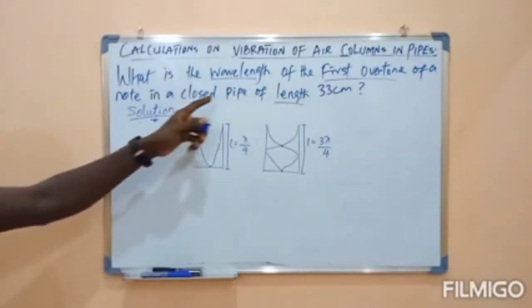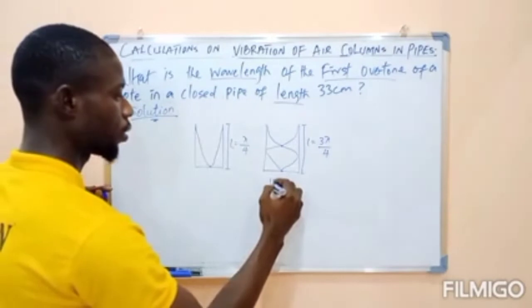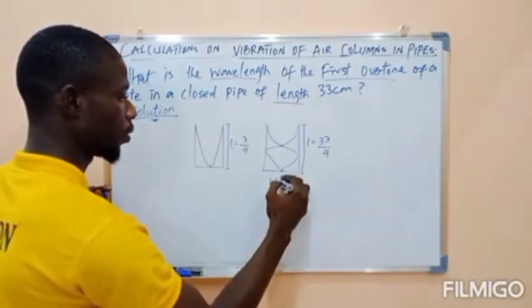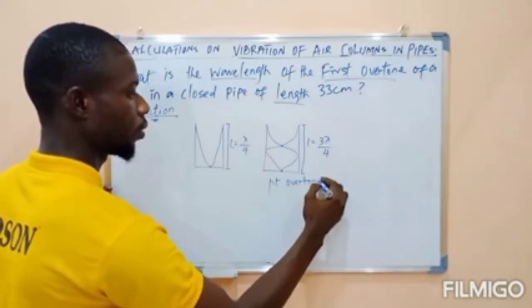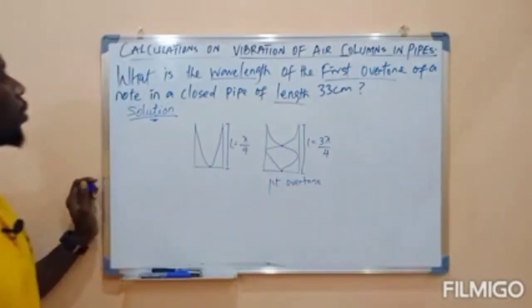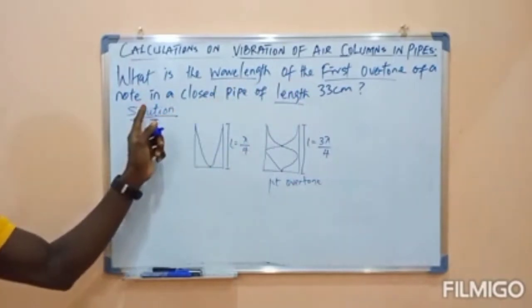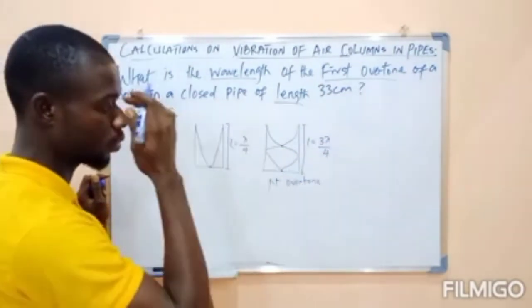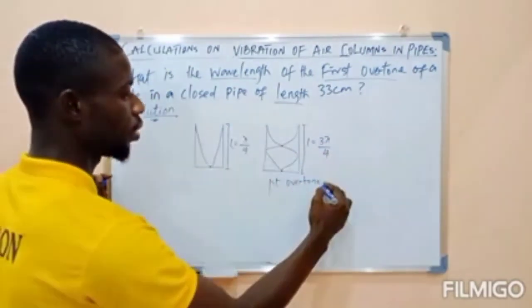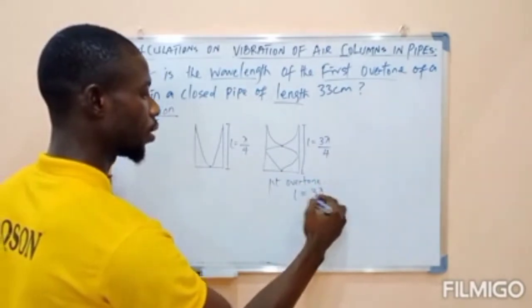So the question is asking us to find the first overtone. What is the wavelength of the first overtone of a note in a closed pipe? So you're looking for the wavelength of the first overtone. So for first overtone, we have L is equal to 3 lambda all over 4.